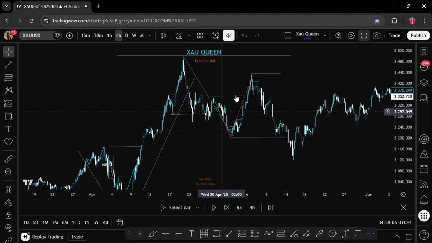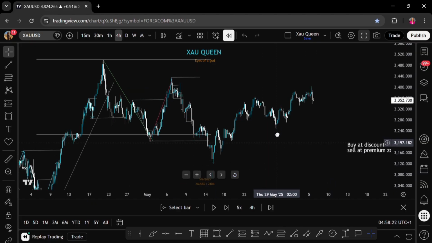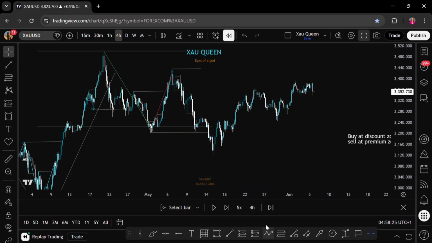You will see on the 4 hours, the 4 hours has not given you a change of character yet. The 4 hours is still bearish, but we used the 15 minutes change of character, which is faster than the 4 hours. But because we took a loss, we now had to come back to the 4 hours. Now, this is an internal structure.